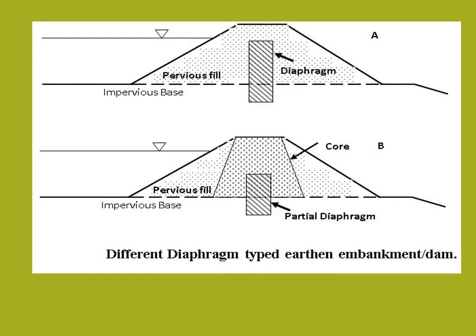And the second type is the partial diaphragm type, but in the case of the second figure, the impermeable core material is also used to prevent the seepage loss. So these two figures show different types of diaphragm that may be used in earthen embankment. The diaphragm may be partial or it may be a full diaphragm.